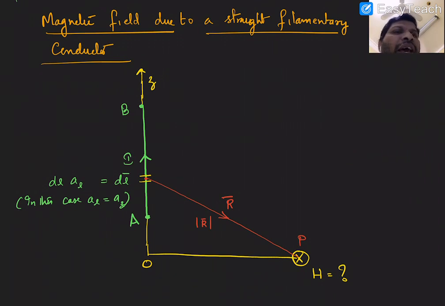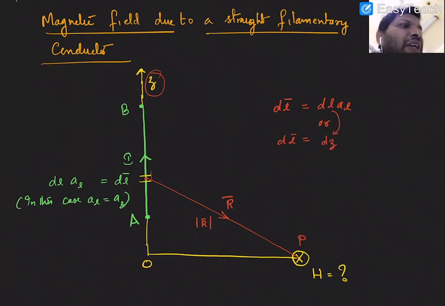Now my vector dl is equal to dl into al, okay. Since I am considering a small portion in the z axis, and the current is going along the z axis and the length is along the z axis, my dl becomes dz and my al becomes az.